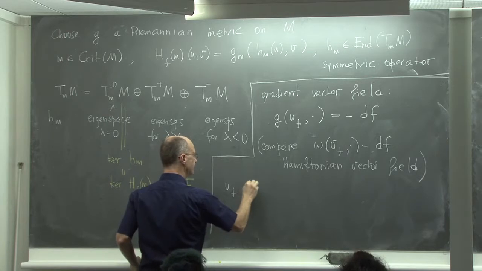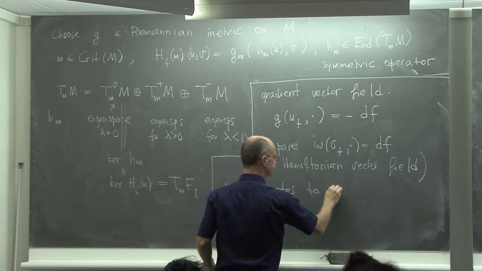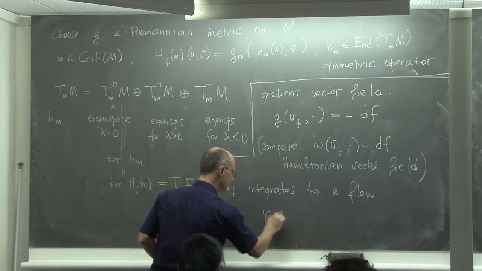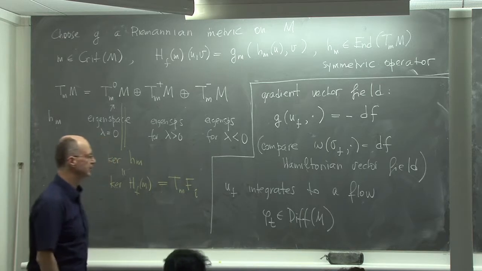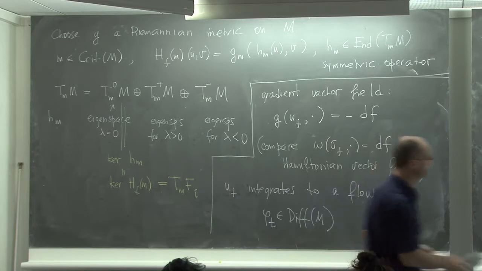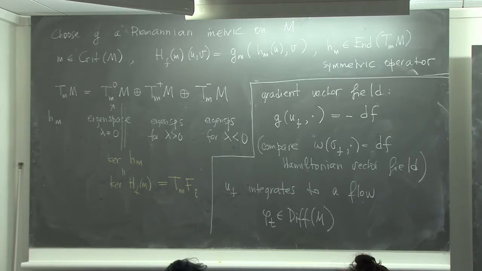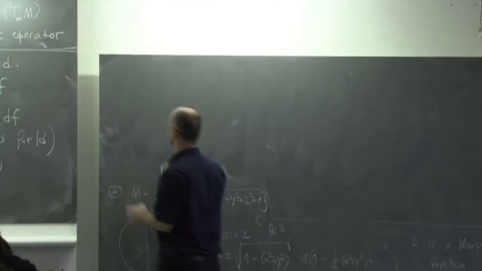So the gradient field integrates to a flow that is a family of diffeomorphisms of M. And now Morse theory is the following interesting game.